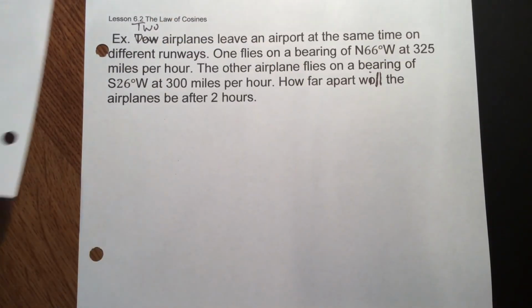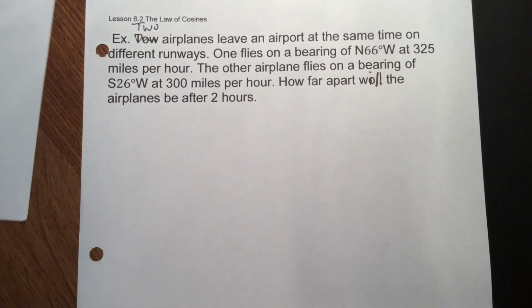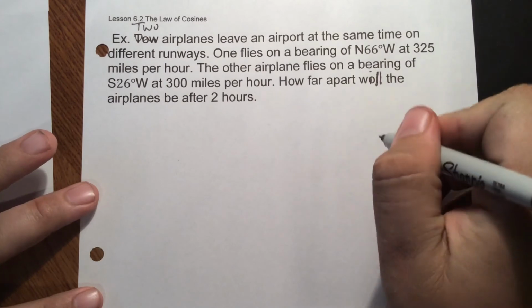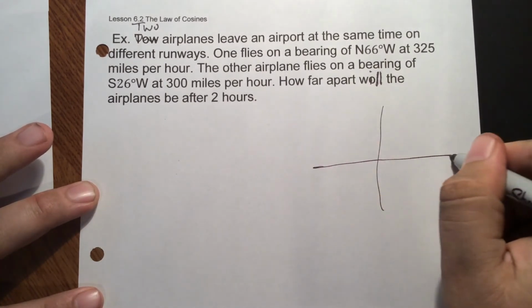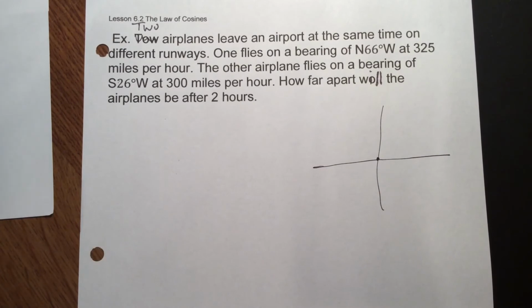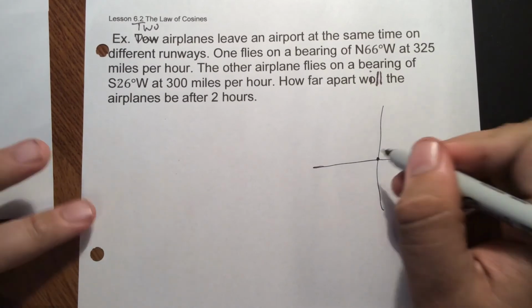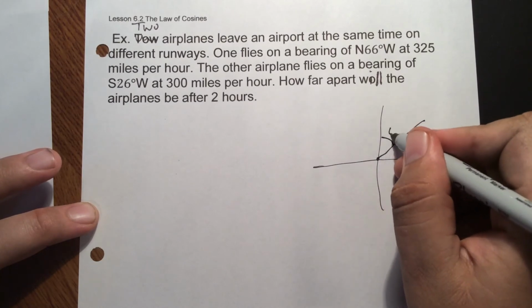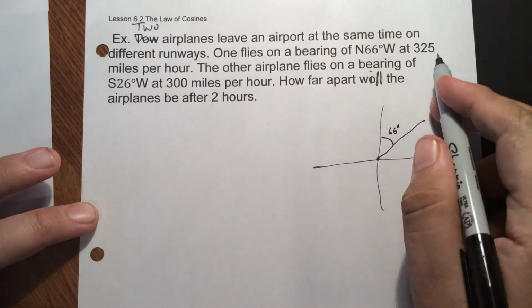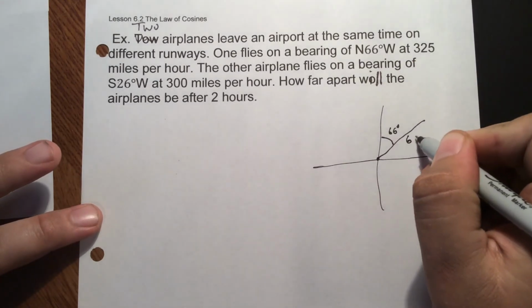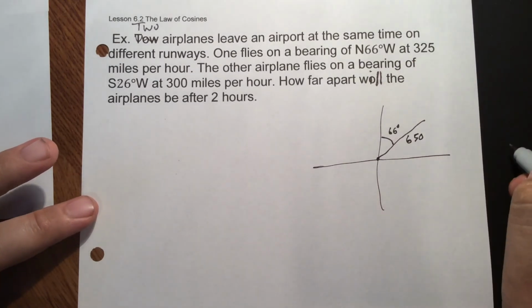So, first things first, let's draw a little diagram here. So, at my origin is going to be the airport. So, first plane is going from the north 66 degrees to the west at 325 for 2 hours. So, 325 times 2 would be 650 miles.